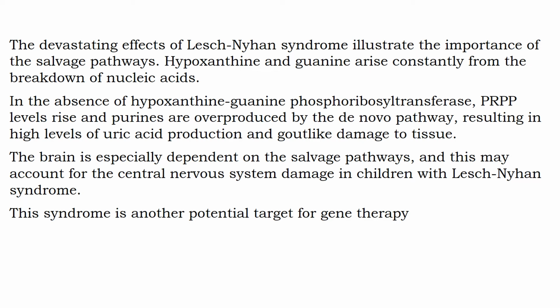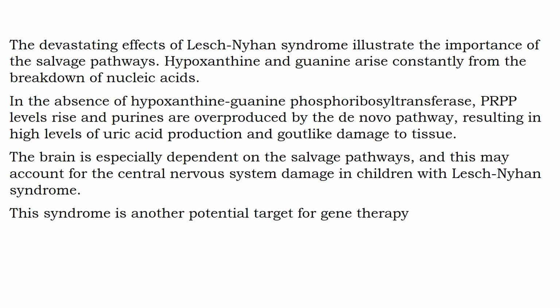So there are certain devastating effects. If we are lacking this enzyme, as in Lesch-Nyhan syndrome, then the importance of the salvage pathway will be lost, and hypoxanthine and guanine rise constantly from the breakdown of nucleic acids.